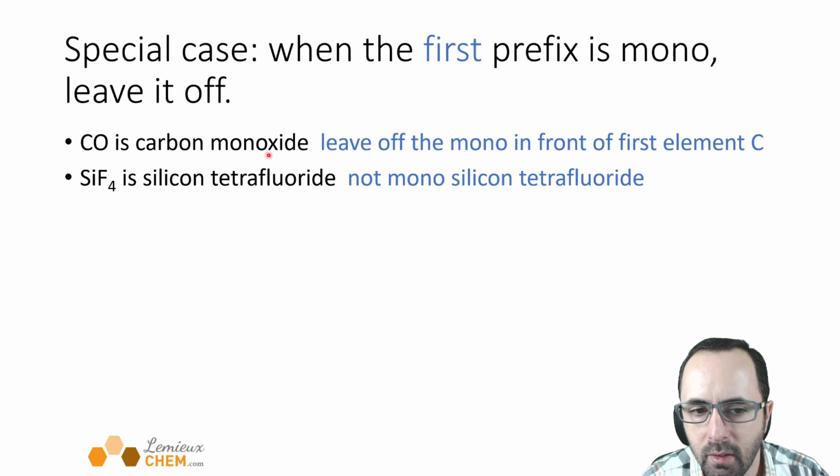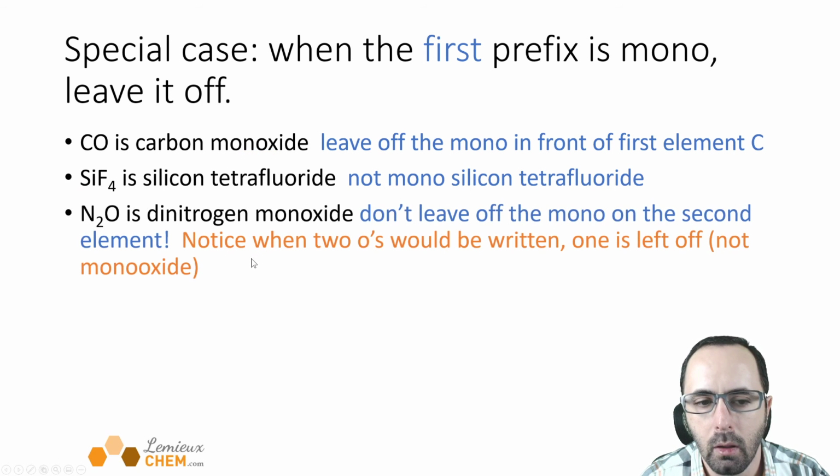And then you might have noticed an exception here. Like this, we said monoxide, or here N2O, we say dinitrogen monoxide. We don't say monooxide. Instead of having the 2 O's, we just say monoxide. I think because people just like the way it sounded better. And so those are the 2 exceptions. Number 1, never put mono at the very beginning on a covalent compound. And when you have monooxide, you don't say monooxide, you just say monoxide.